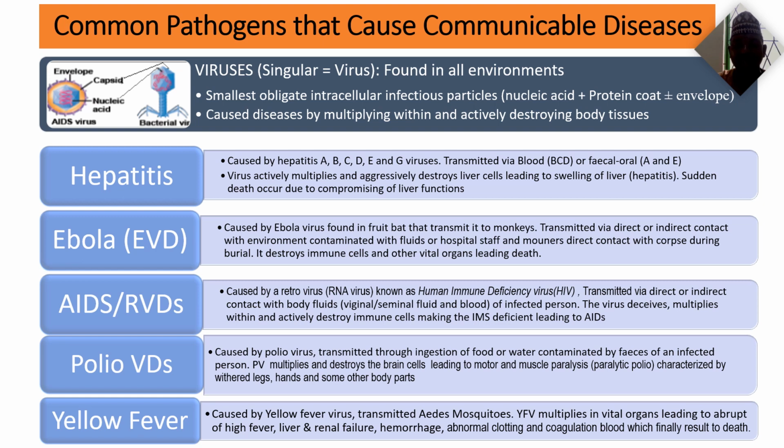The illness can lead to both liver and renal failure. It can also produce hemorrhagic symptoms that can lead to thrombocytopenia, in which the patient will have abnormal blood coagulation, which can finally lead to death of the patient. So these are some common viral diseases in the environment.